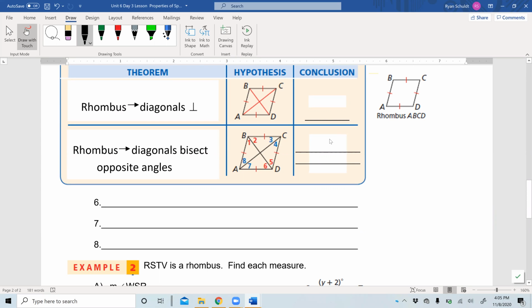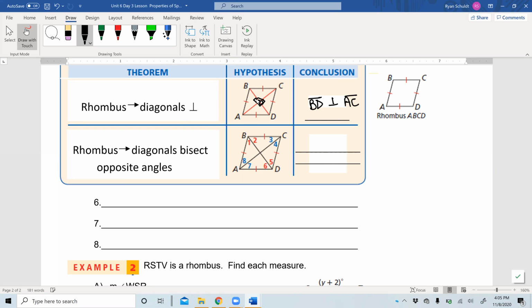So for a rhombus, the diagonals are actually perpendicular to each other. So yes, they bisect, but they're also perpendicular, meaning that BD is perpendicular to AC. So they intersect at right angles right here. Right angle, right angle, right angle, right angle.